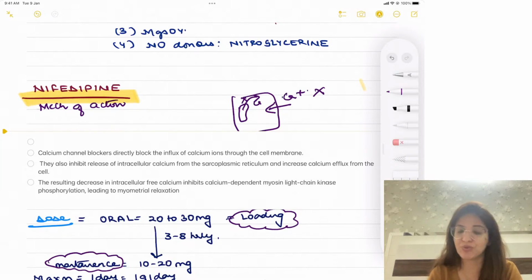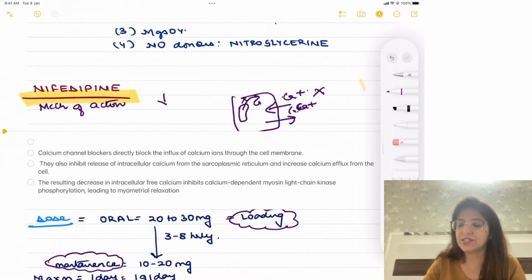Third thing it is going to do is promote efflux of calcium ions. So it is preventing calcium ion from coming inside the cell, it is blocking the release of calcium ion from the sarcoplasmic reticulum, and it is promoting the efflux of calcium ion. The net result of all these things is decreased intracellular calcium.